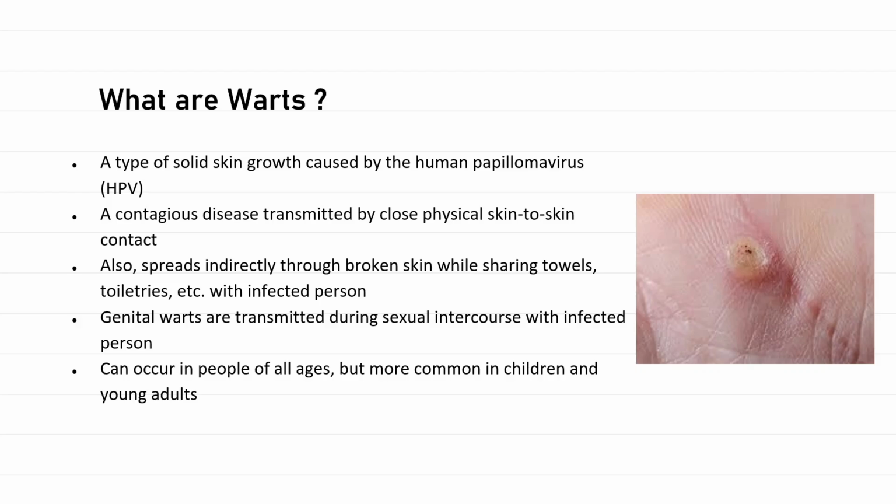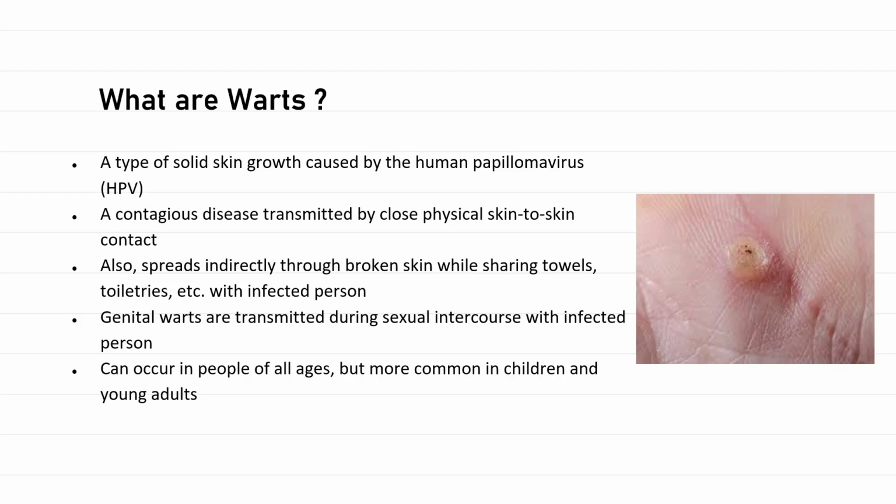Okay. Then we have genital warts, which are present at the genital areas, and these can be transmitted through sexual intercourse with the infected person. So there are three ways. First, skin to skin contact, like if you are touching the wart and then shaking hands with your friend, that can directly transmit the disease.